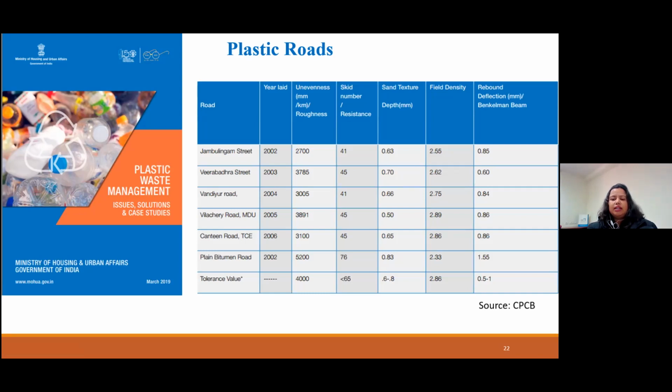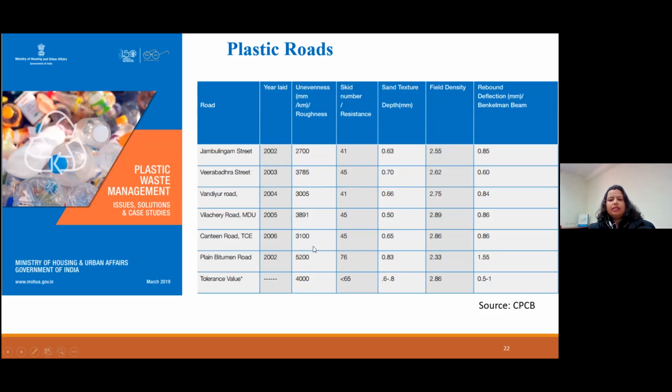Then there was another study conducted by CPCB, in which they covered certain streets in Chennai and calculated the post performance parameters of plastic waste roads. Once they had laid the roads, after around 5 years, they did the post performance surveys. The roads were laid in 2002 and 2003, in the first decade of the century.